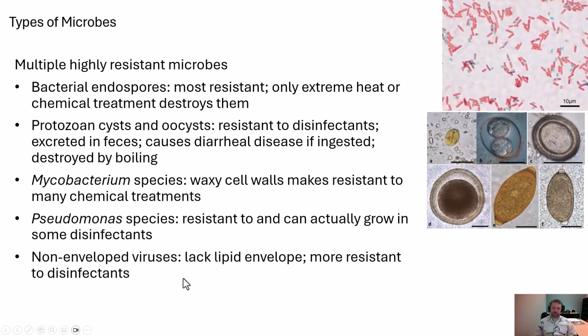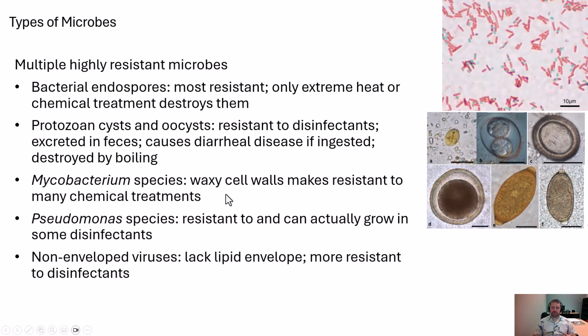Okay, there's quite a few others. So Mycobacterium, probably the species that we're most familiar with, or know the most about, is tuberculosis. Okay, they have a waxy cell wall, which makes them resistant to a lot of chemical treatments.